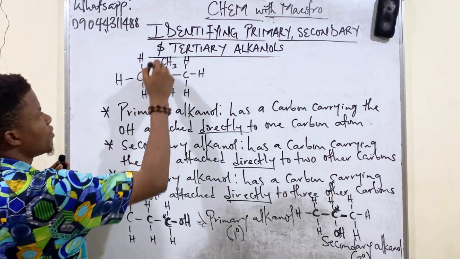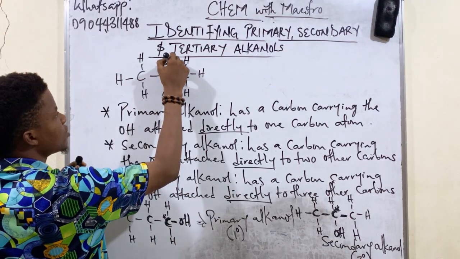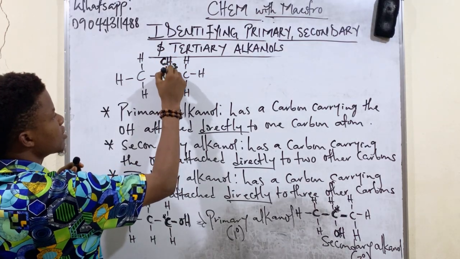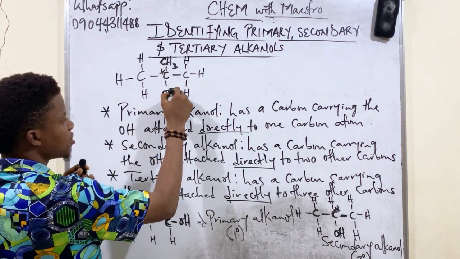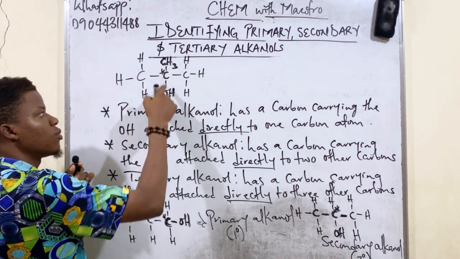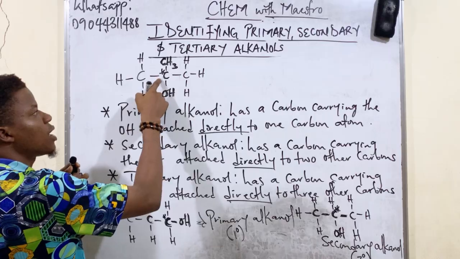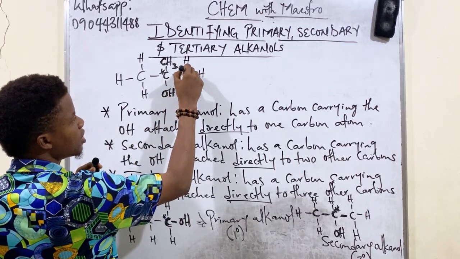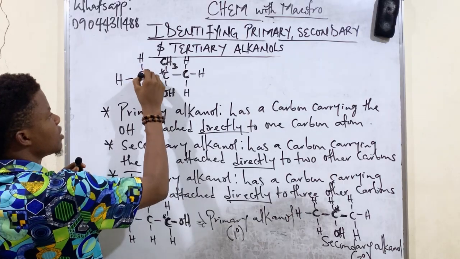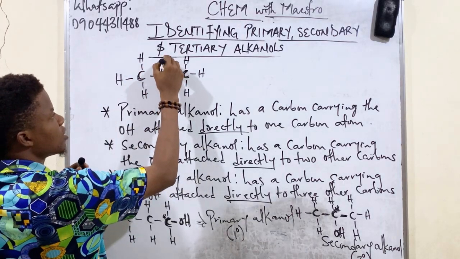Now, what can you observe here? You're going to discover that this carbon carrying the OH is directly connected to 3 other carbons, directly connected to this guy, this guy, and this guy.